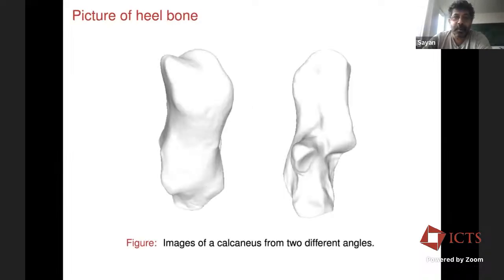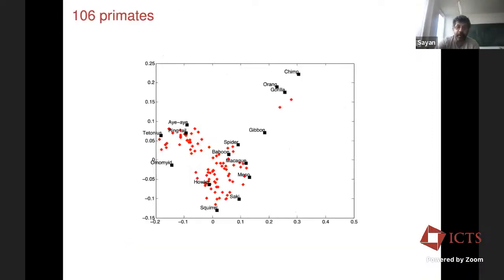Okay. So let me just start the data part of this talk. These are two different heel bones from two different angles. And what we did was we took the persistent homology transform and we measured the distances between the heel bones across 106 primates. And then we did multidimensional scaling to reduce it down to 2D.